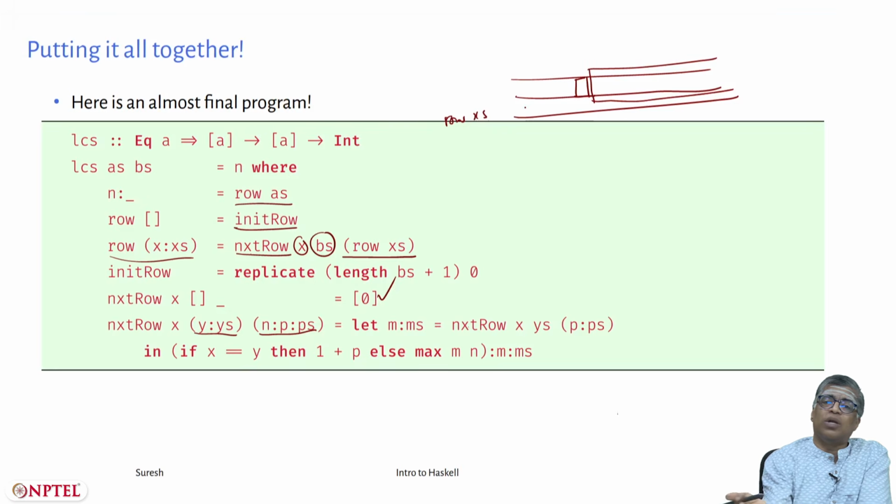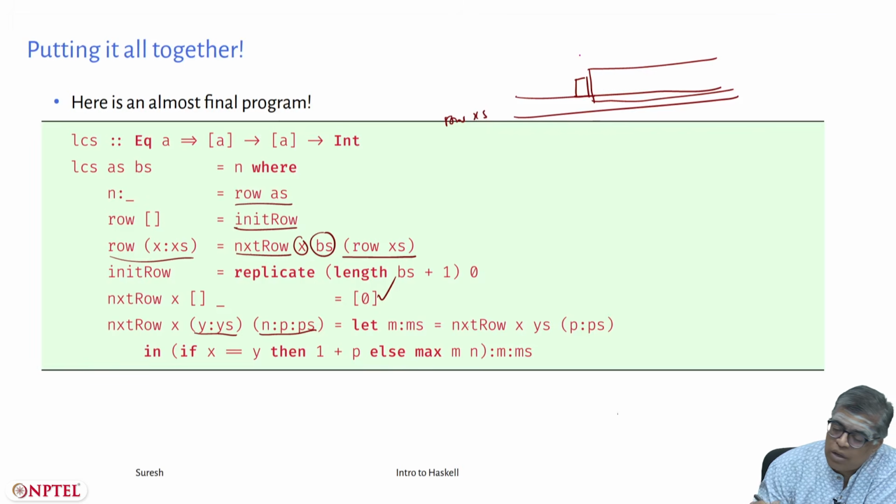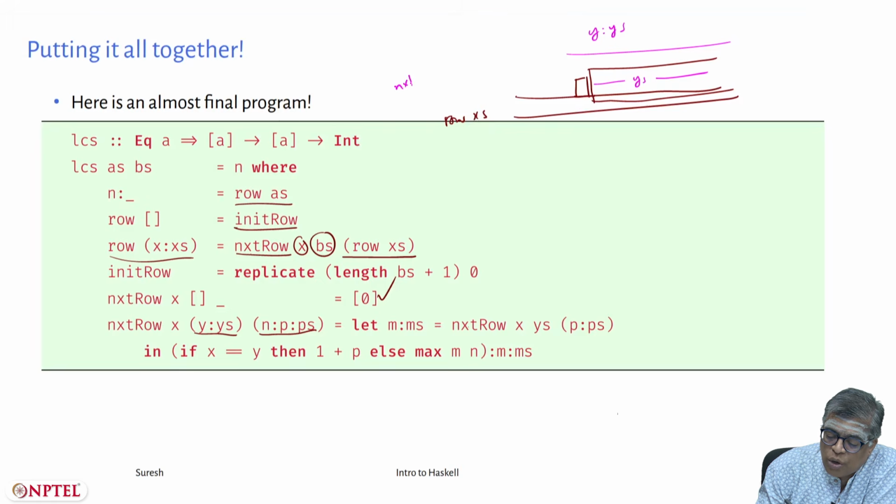To compute the list to its right, I will actually do next row of x y's. Let me change color. This whole thing is y colon y's. This whole thing is y's. So to do this, I will make a recursive call to the suffix on the right.